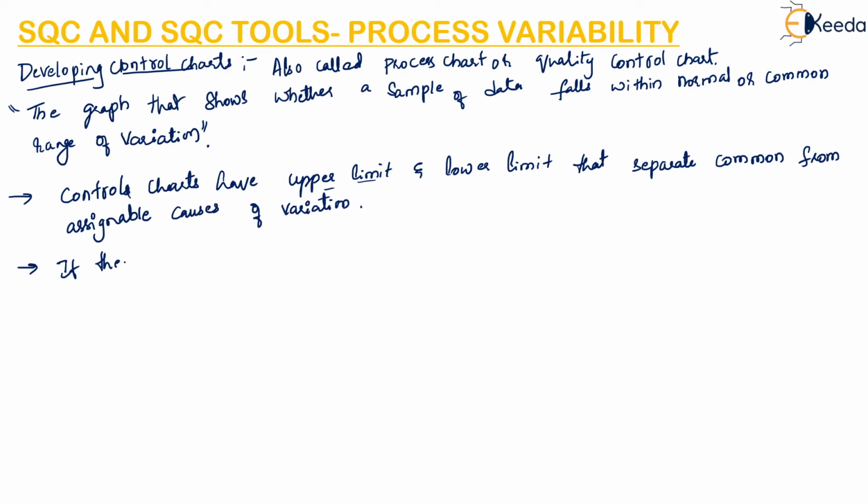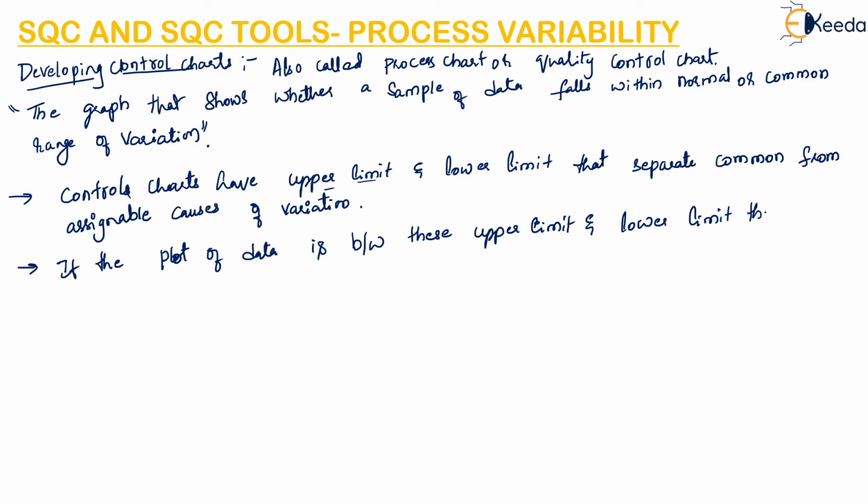If the plot of data is between the upper limit and lower limit, then we can say that the process is under control.